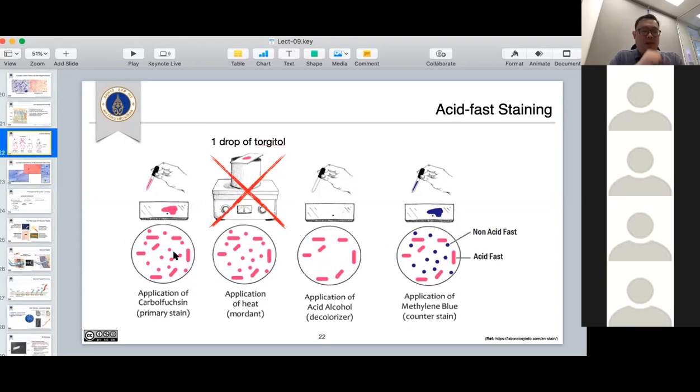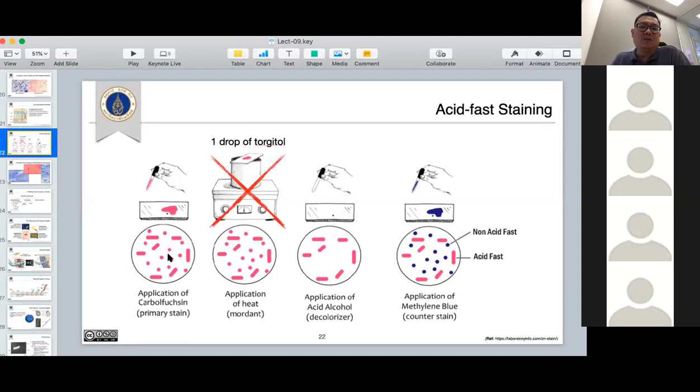We take the patient's sputum from a tuberculosis patient or someone the doctors suspect has tuberculosis. Then they put the sputum on slides. On the sputum, not only Mycobacterium tuberculosis cells, there are so many normal flora cells in your throat.